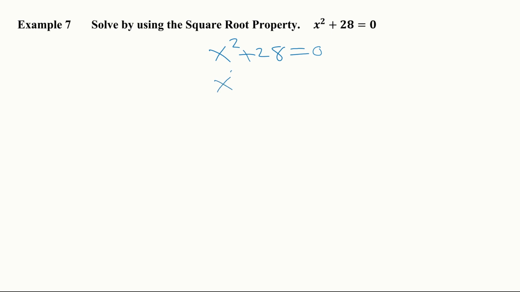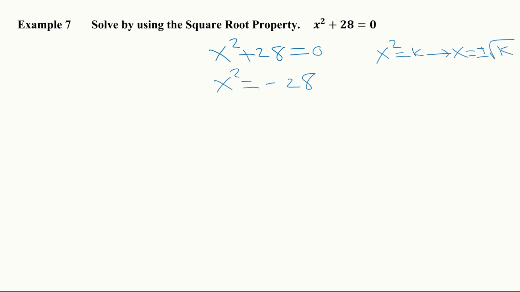Okay, welcome back. So x squared equals negative 28, right? Change sides, change signs. I move 28 to the other side by subtracting 28 from both sides. That's how I end up with x squared equals negative 28. Now I'm in the right format. I have x squared equals some number, therefore x is what? Plus or minus the square root of that number.